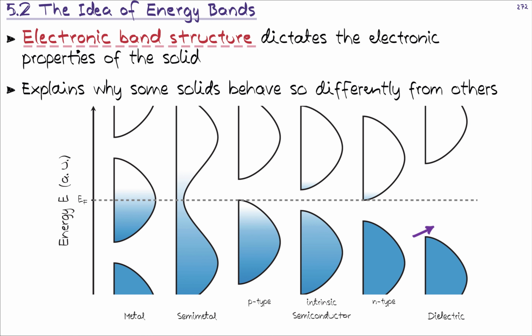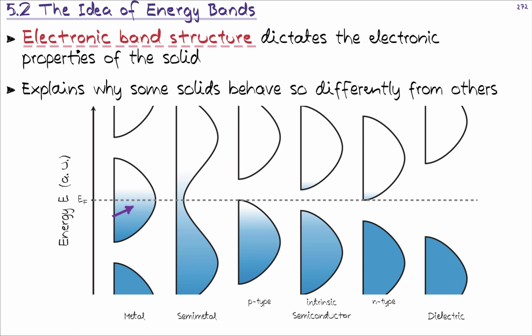So the difference between a dielectric and a metal is that we have an energy band gap in our dielectric that forbids electrons to move into the conduction band, so that a large addition of energy would need to be introduced into the electron so that it could go all the way from the valence band to the conduction band.